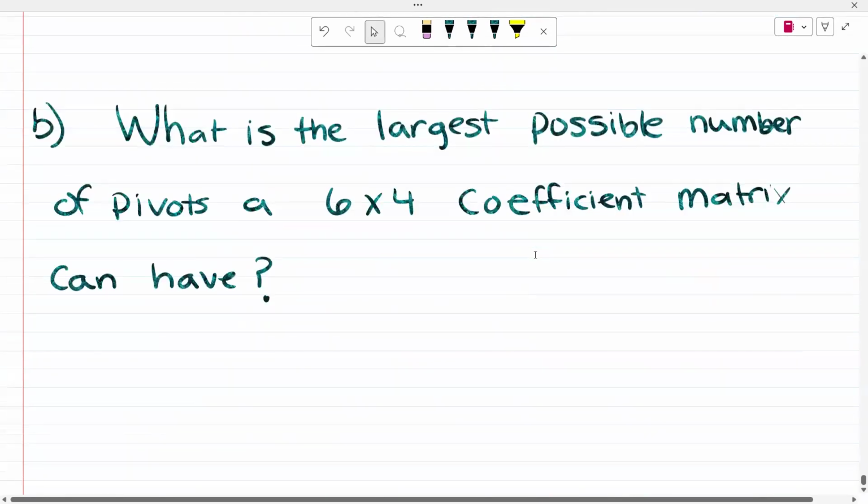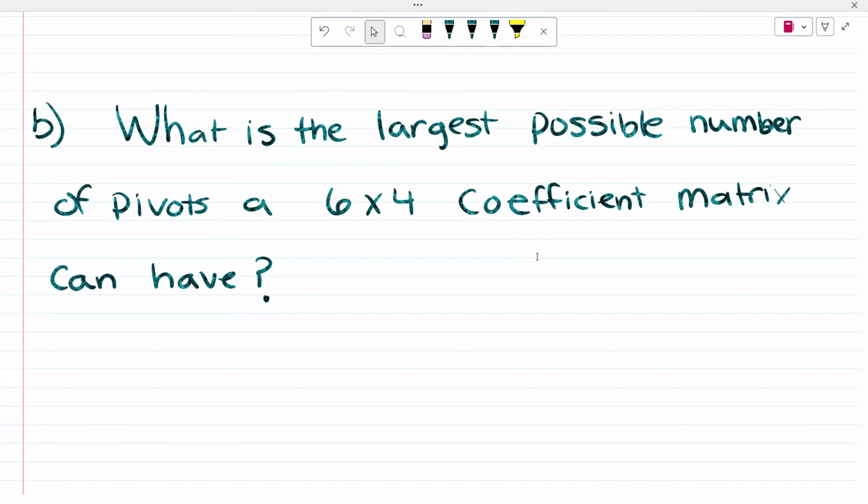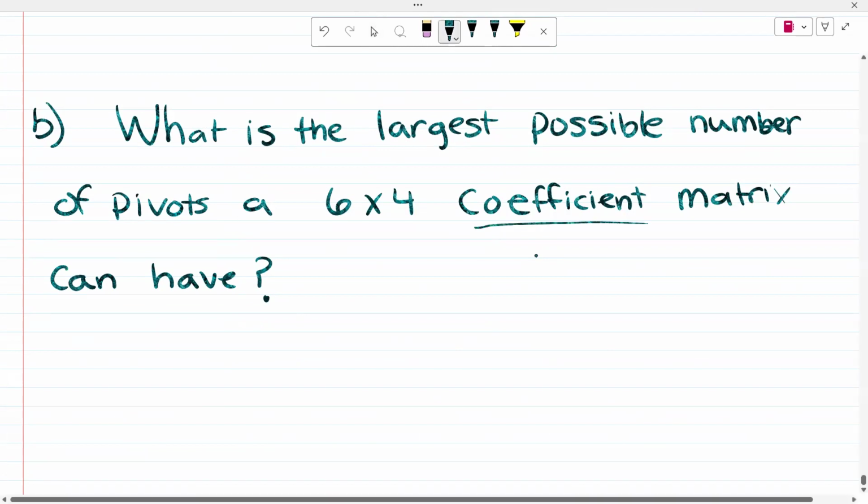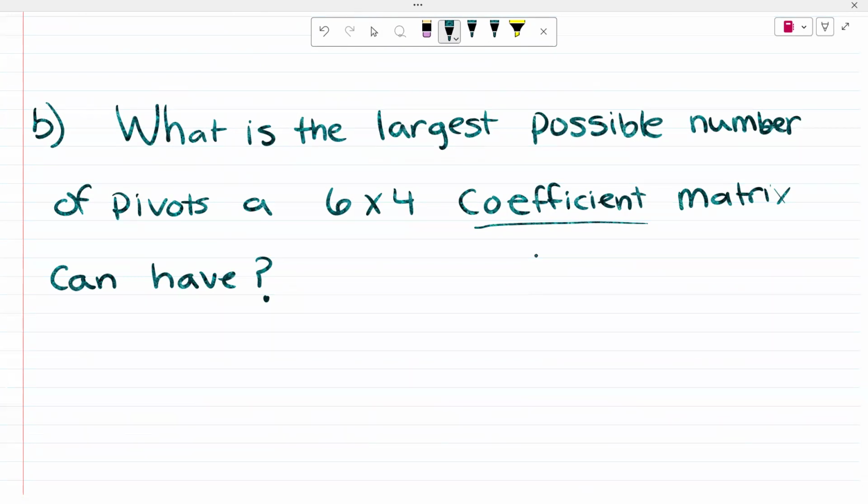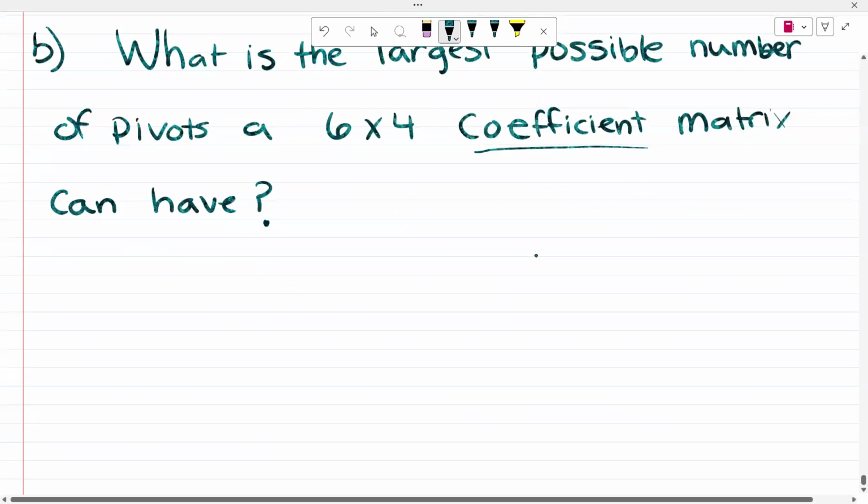Okay, D says, what is the largest possible number of pivots of a 6 by 4 coefficient matrix can have. So what is the difference between a coefficient and an augmented matrix? The difference is that now it's really 5 columns.